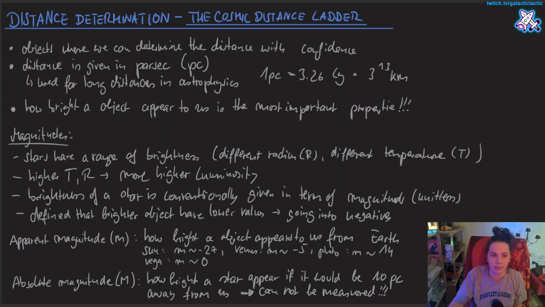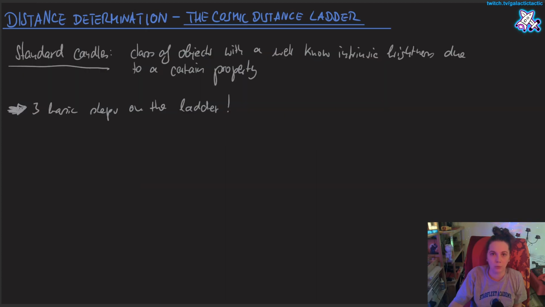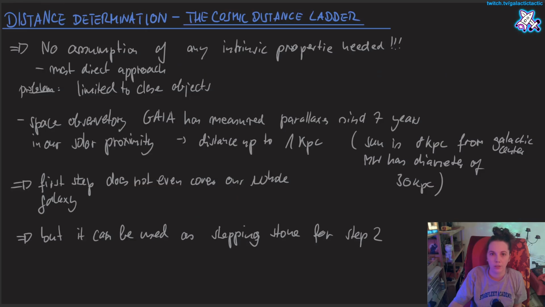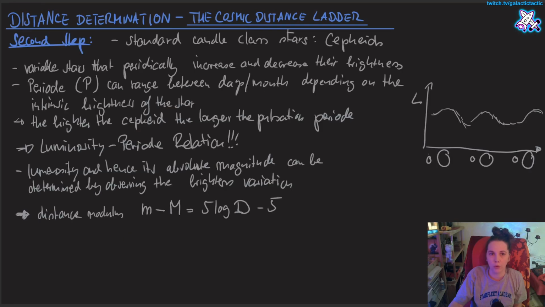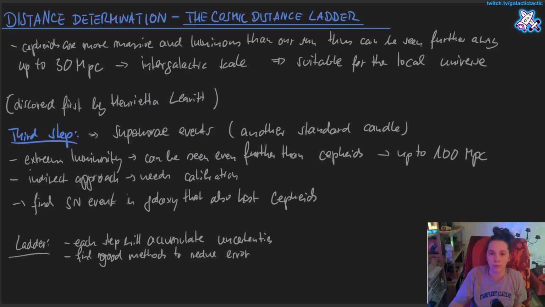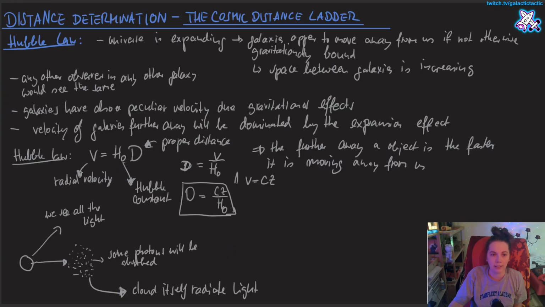We looked at what magnitudes are, apparent magnitude, absolute magnitude. Then the first step, which was the trigonometric parallax effect. The second step, which was the Cepheids, and the third step was the supernova. We kept that short, and now we went through the last step of the distance ladder, the Hubble law.